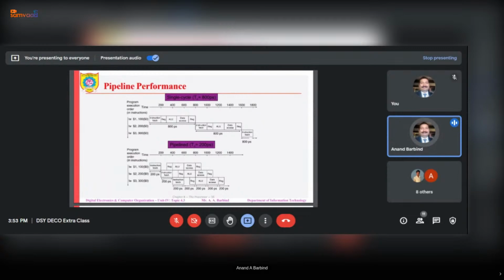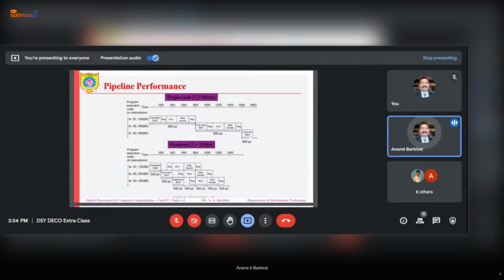Because the instruction fetch unit is different from the register unit, and the arithmetic logic unit is different from these. So if we overlap these operations across the different units, the overall time required for execution of the instructions will be less. So we can speed up the execution of the program by using a pipelined architecture.